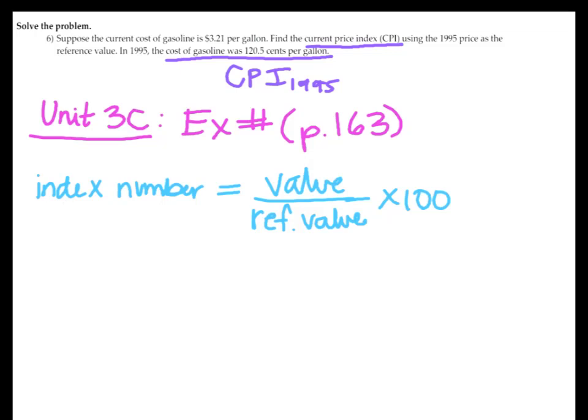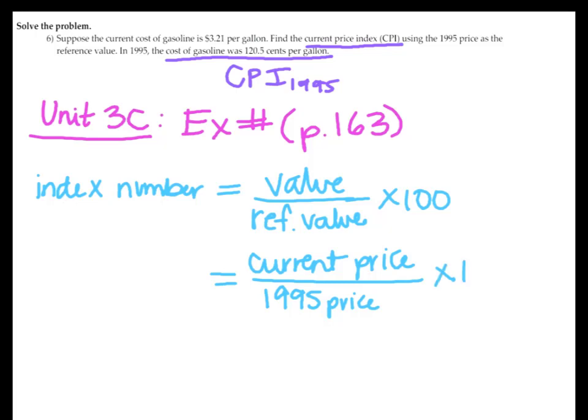So that's the formula for index number. But in relation to our particular problem, we'll want to evaluate it as so. Our value would be the current price. The reference value will be the 1995 price multiplied by 100. So with that being said, the current price is $3.21 per gallon, as mentioned in the first sentence.